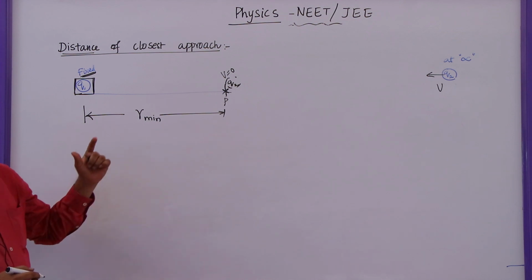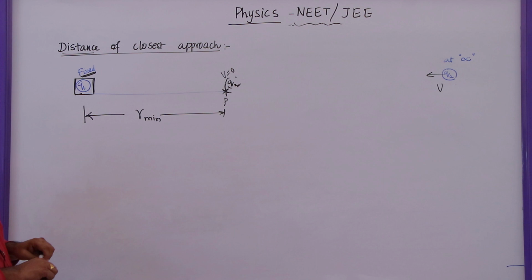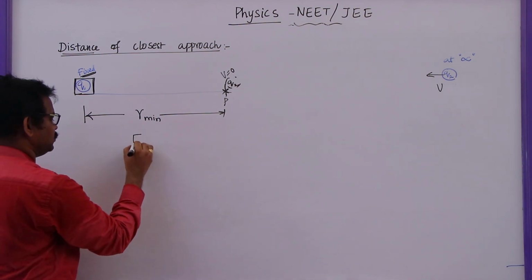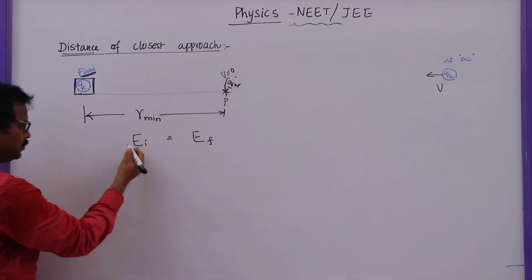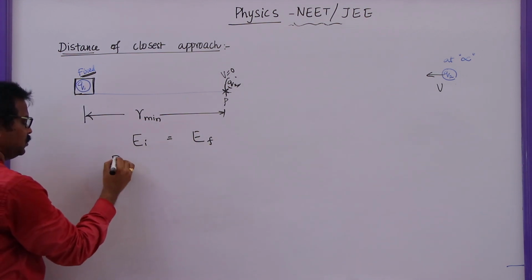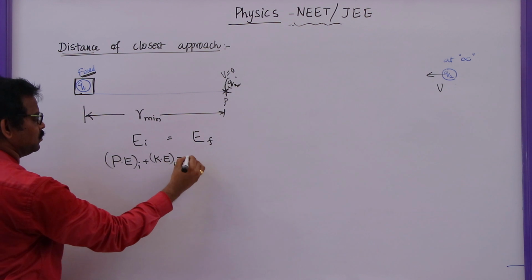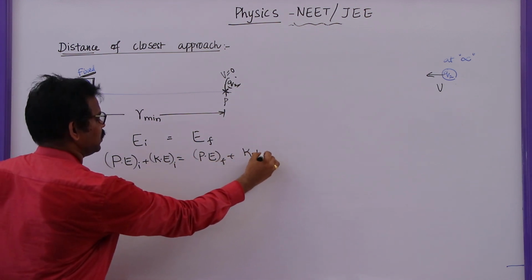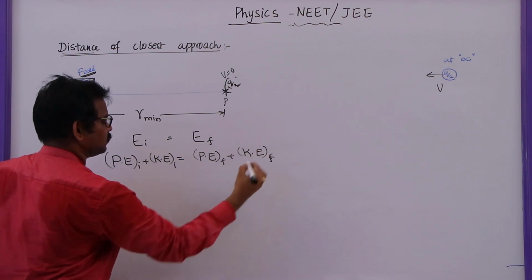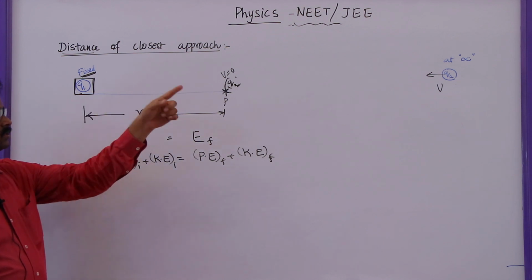Now here I am going to use the same concept, that is the law of conservation of energy. So the total energy initially must be equal to the final energy. The total energy is nothing but the potential energy of this particle initially plus the kinetic energy of this particle is equal to the final potential energy plus the final kinetic energy. Here, what is the initial potential energy of this system?